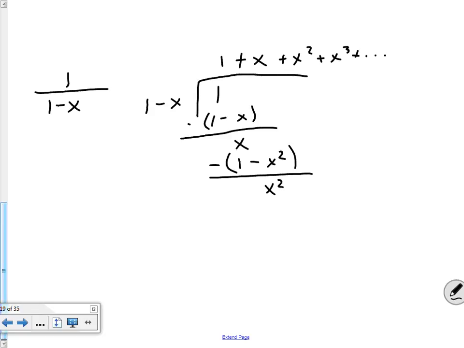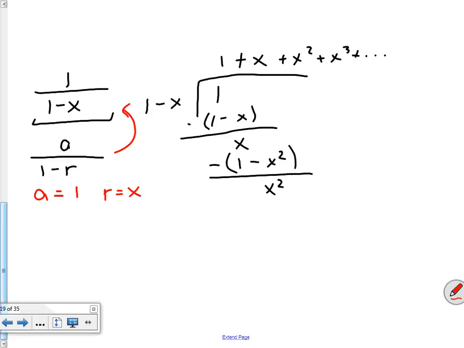But now, what if we treated this just like we treat the sum of an infinite series, that formula which is a divided by 1 minus r? Well, then we could say that a is equal to 1 and r is equal to x.